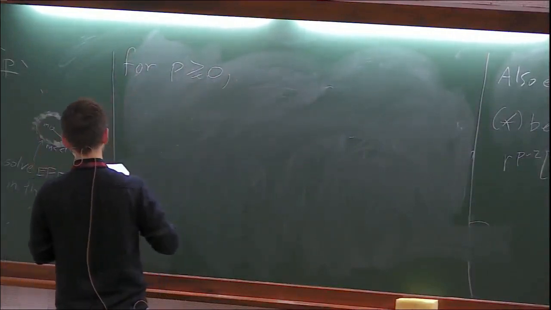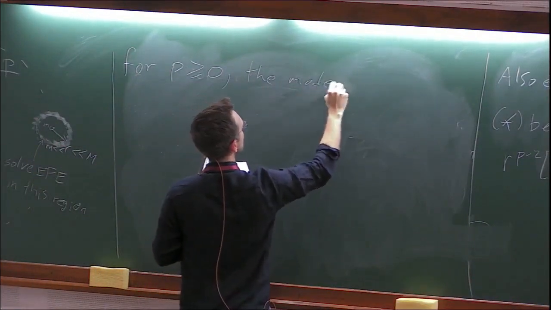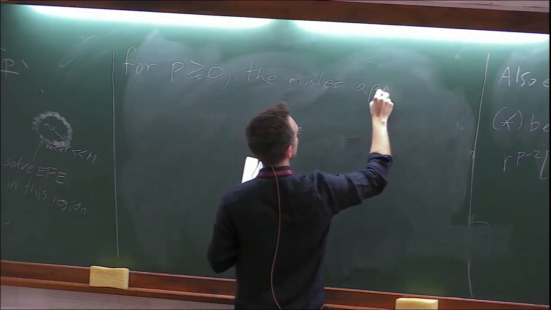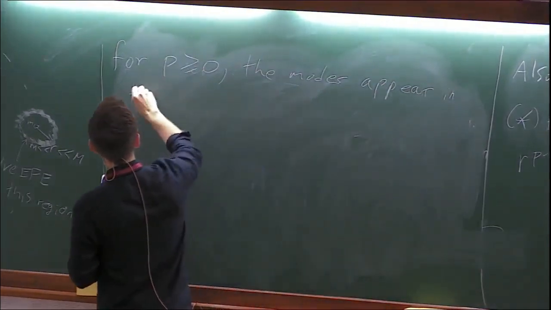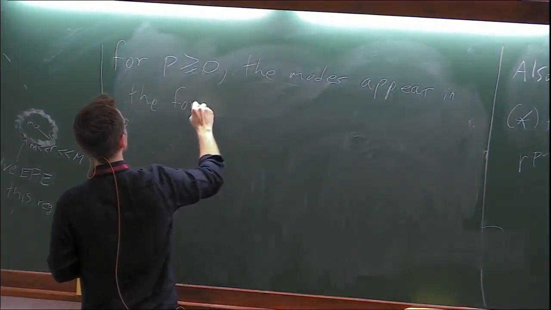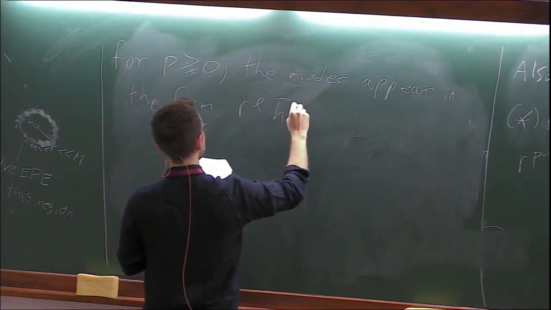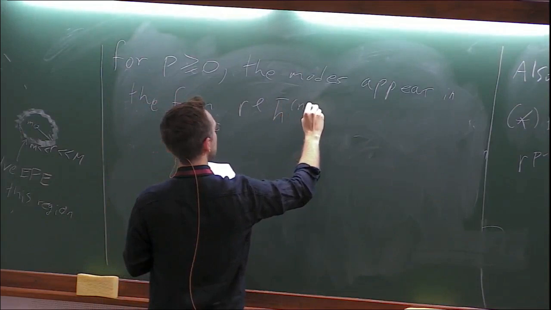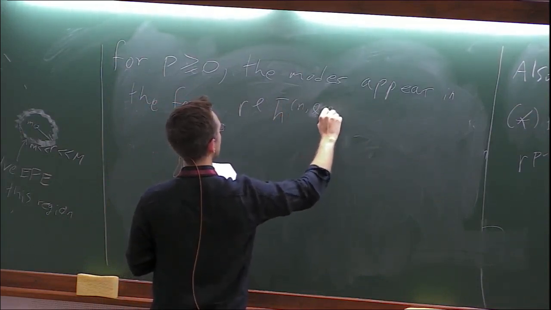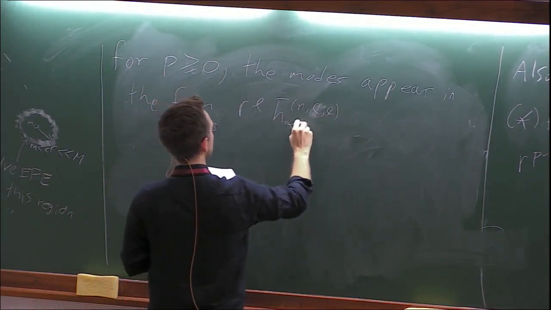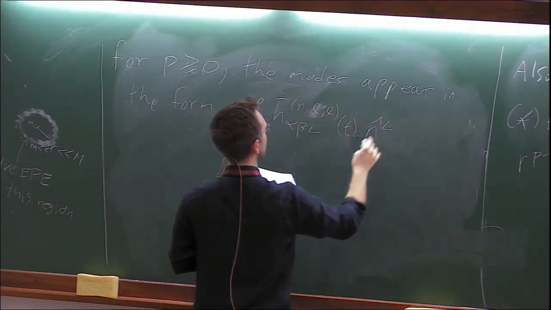For P greater than or equal to 0, these special modes appear in the metric in the form r to the L times h bar n p n l l alpha beta l n hat l.